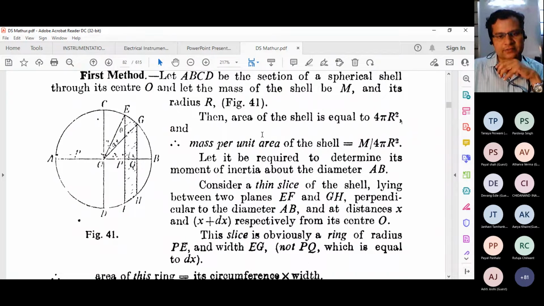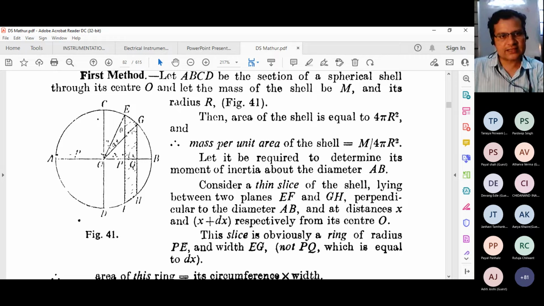We need to find the mass per unit area, then multiply by a small portion, considering a small ring of that particular shell. Suppose I draw a thin slice of the shell between two planes, EF and GH, which you can see on your screen.